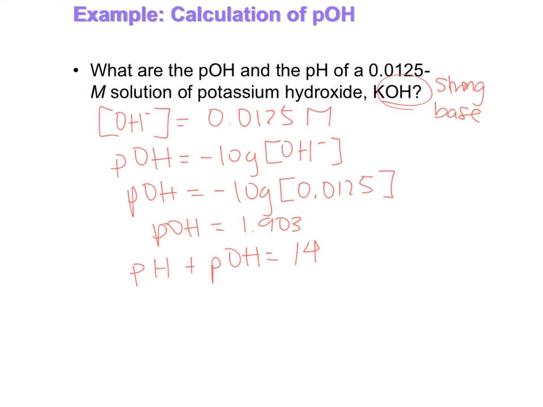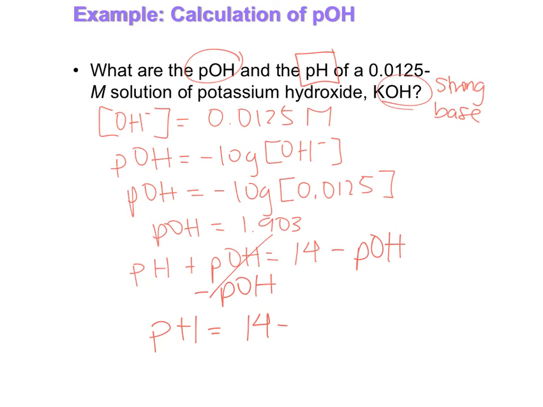Because of this, we can solve for pH. We found pOH already. So I'm going to subtract pOH from both sides. You're probably like, duh. And then we get pH equals 14 minus the pOH. In this case, it's 1.903, and then I end up getting 12.10.